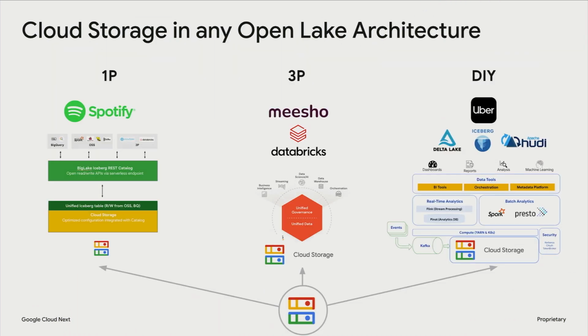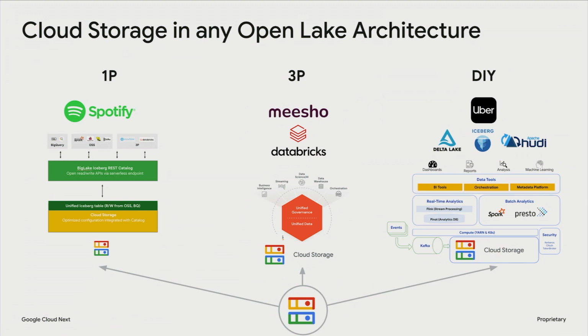These are just some examples of how our customers are leveraging cloud storage, GCS, to build their open lake architecture. Customers like Spotify leverage first-party services provided on Google Cloud, like BigQuery and BigLake, on top of the GCS data. We also have customers like Michelin who leverage third-party technology like Databricks to process and analyze the data they have on GCS.